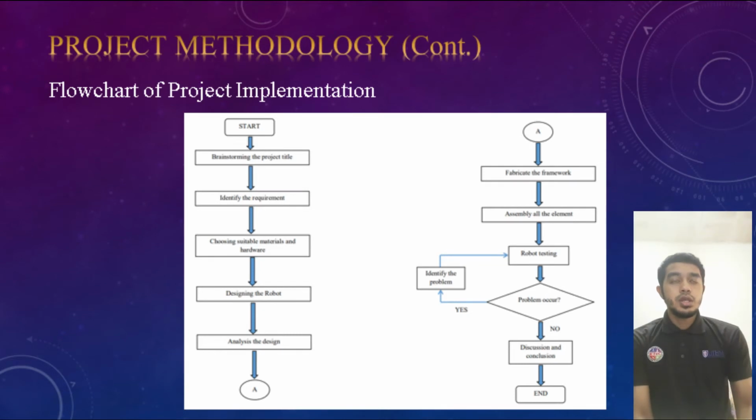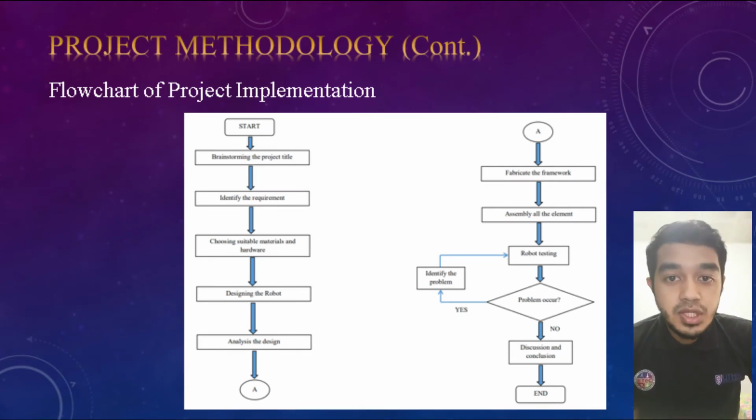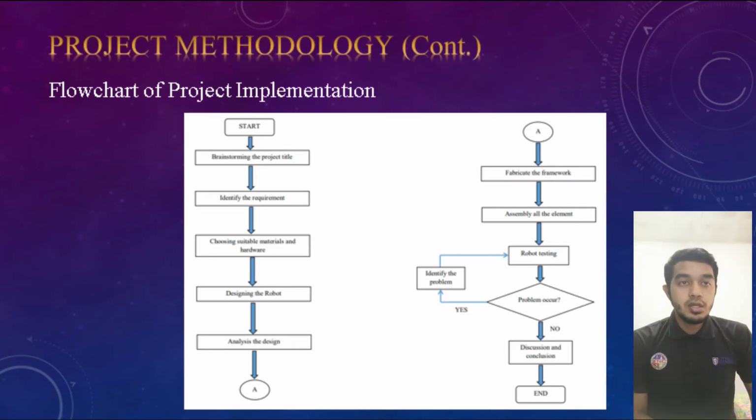Okay, we start with a flowchart of project implementation. As we can see here, the first step is brainstorming the project title, and then identifying the requirements, then choosing suitable materials and hardware, designing the robot, analyzing the design, and continuing with fabricating the framework, assembling all the elements, and then testing the robot.